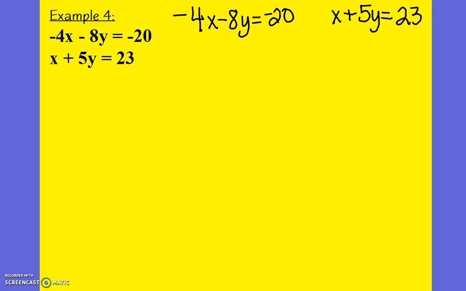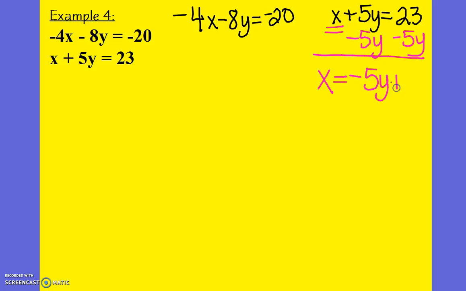When we look at this first equation, the x has a coefficient and the y has a coefficient. In the second equation, the x does not have a coefficient, but the y does. So what we're going to do is we're going to solve for x. So I'm going to subtract 5y from both sides, and that gives me x equals negative 5y plus 23. Or you can write this as 23 minus 5y.